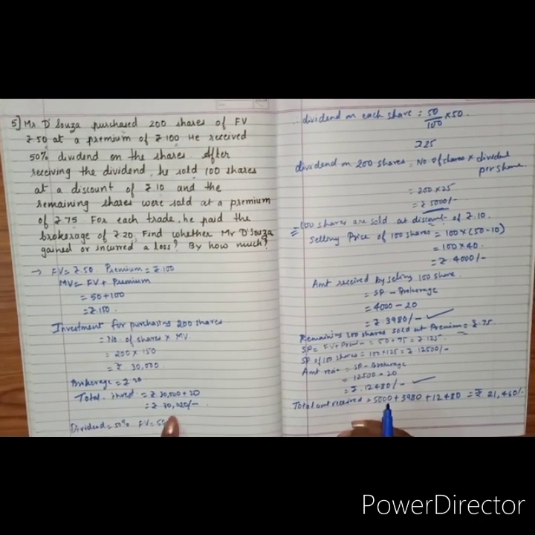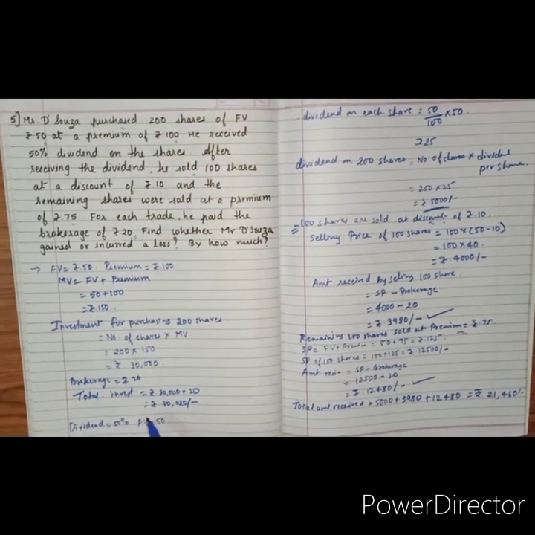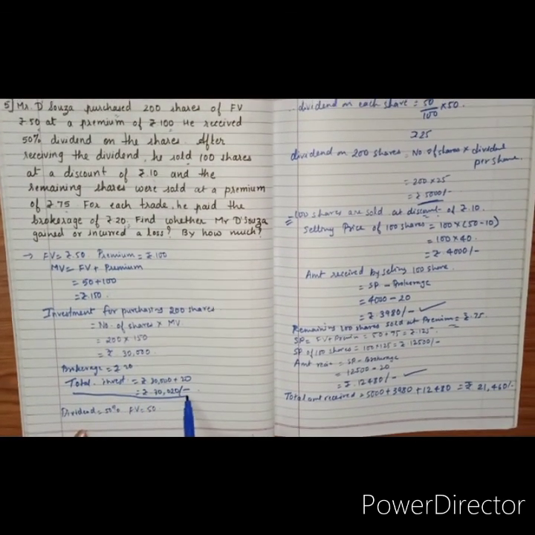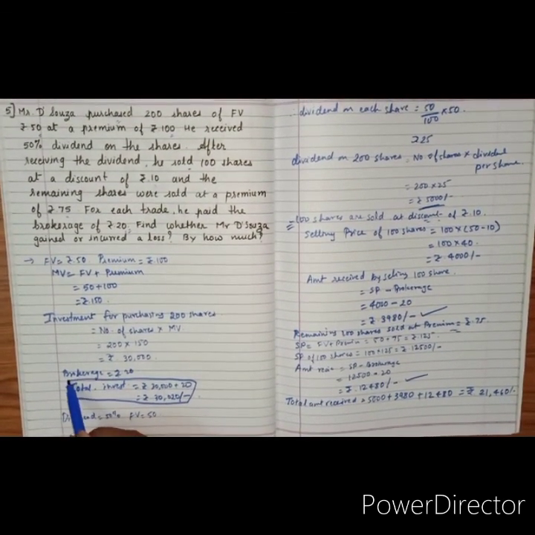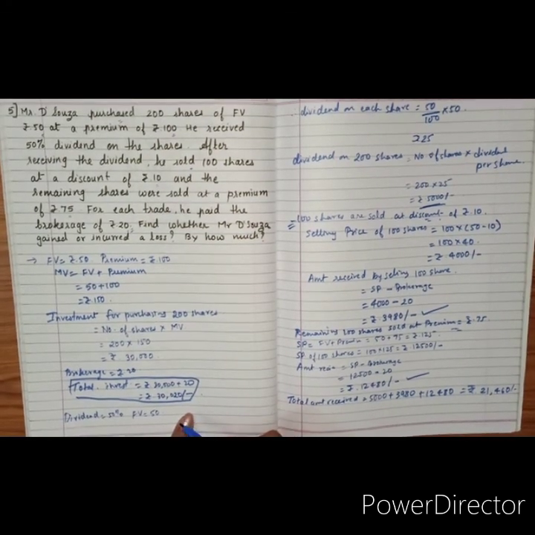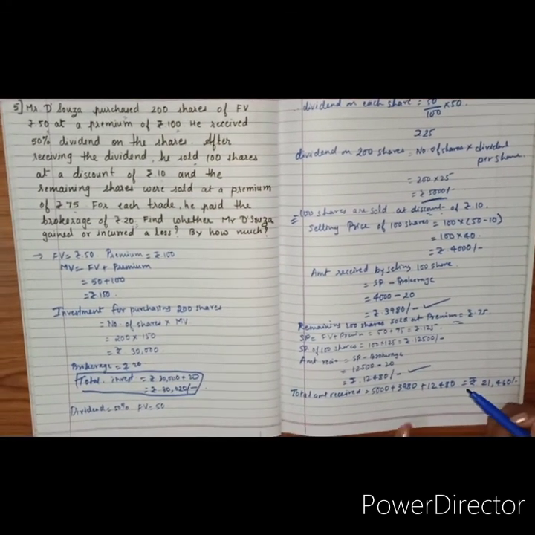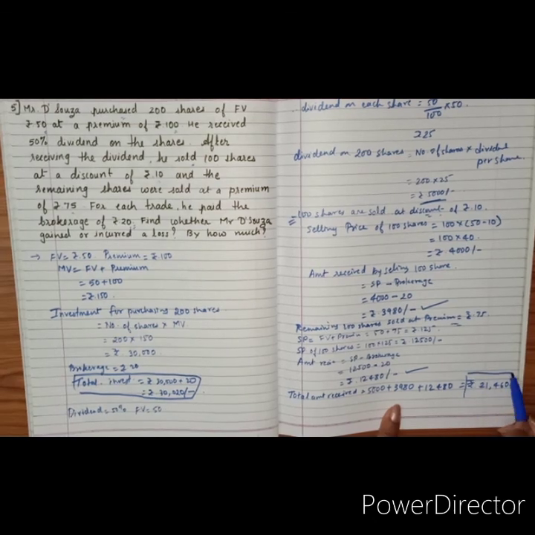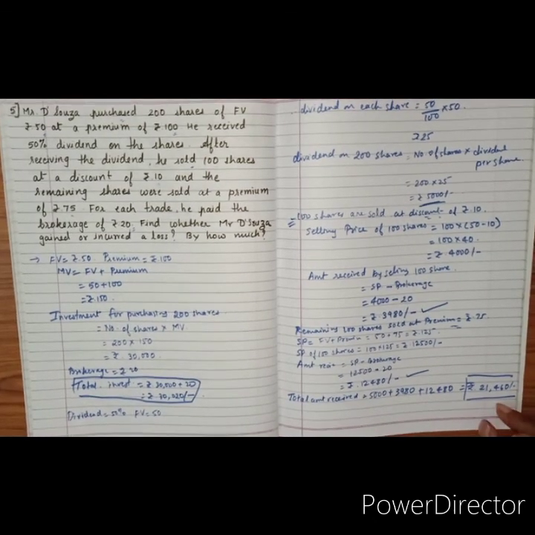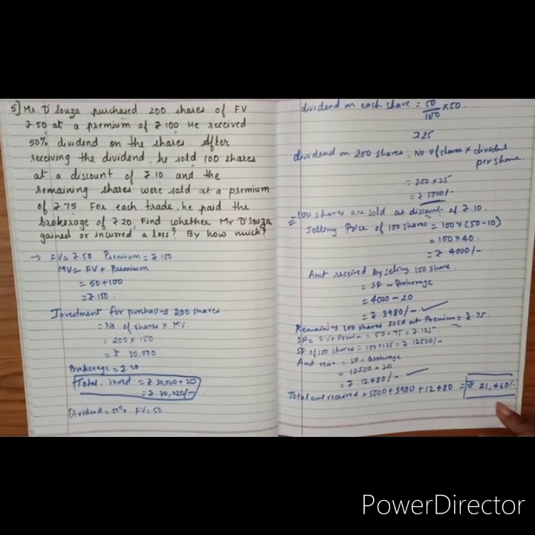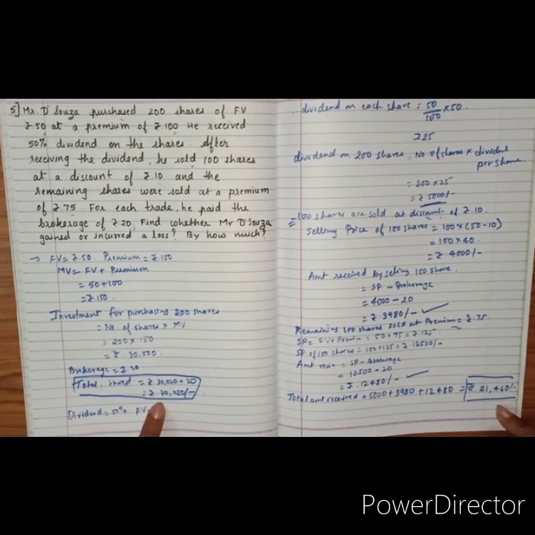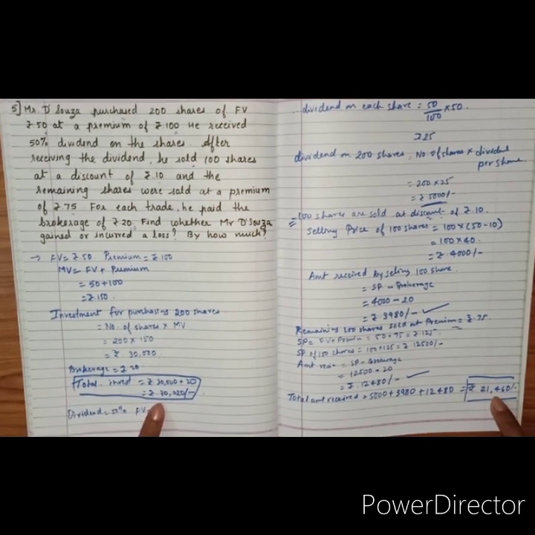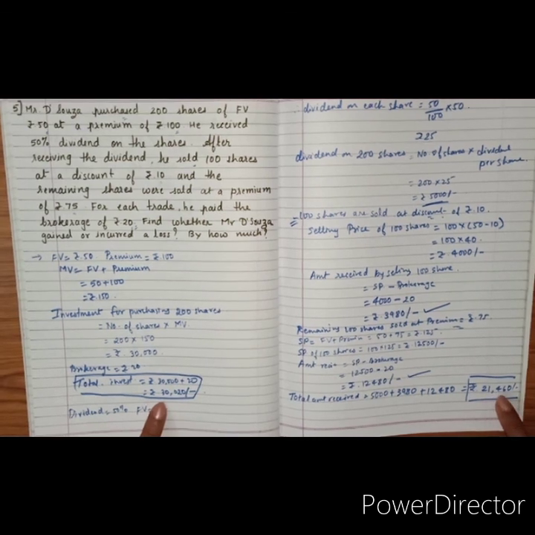Right? Now understand how much he has invested. Total investment is, see here, 30,020 rupees, right? And the amount he has received is 21,460. So the investment was 30 and he received 21. So is he in profit or in loss?